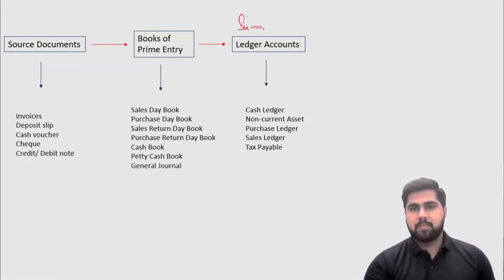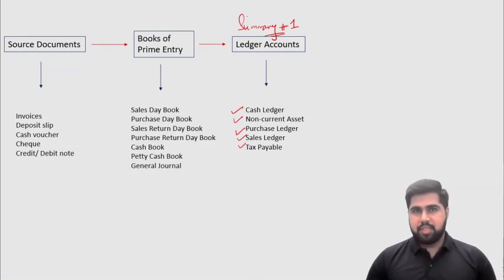Summary. And these are just some ledgers I've put down, right? Obviously there are a lot of ledgers. There's a revenue ledger and all that, right? The point is, these ledgers summarize what's mentioned in the books of prime entry. How do they summarize it?